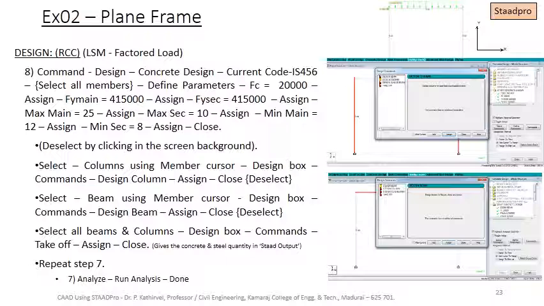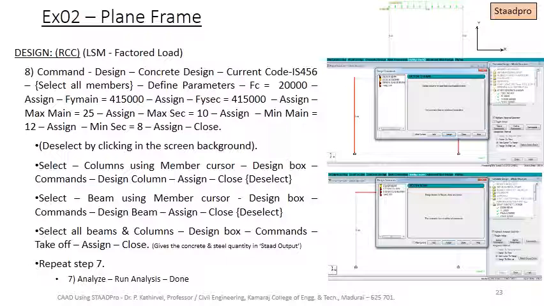Once again, select the beam using the member cursor, go to the design box, commands, design beam, assign, close, deselect. It is here that we define the vertical members as columns and the horizontal member as beam to be designed.